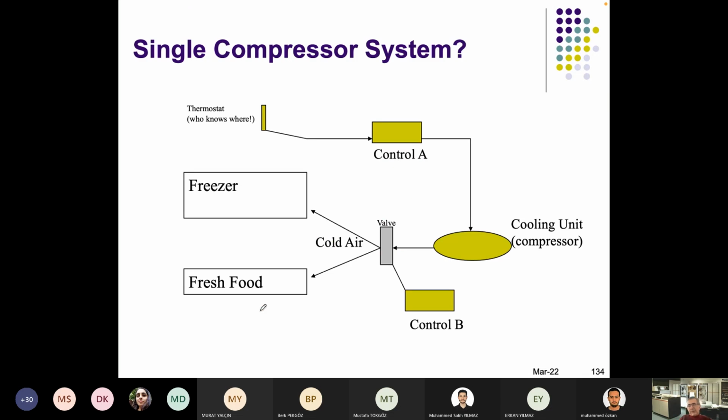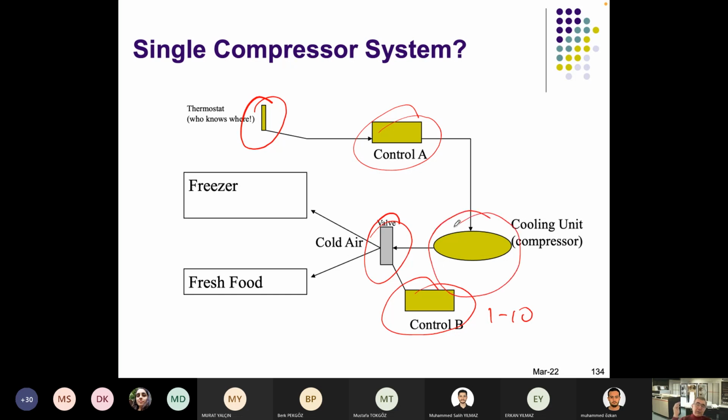In the Beko interface, this is more like what you expect. There is a freezer and fresh food compartment, and this one, the control inside the freezer from 1 to 10 is basically controlling this valve, air valve, mechanically, and thermostat is controlled by control A, which is the general temperature of the refrigerator, and therefore there is only one cooling compressor, which is more logical for a daily refrigerator.